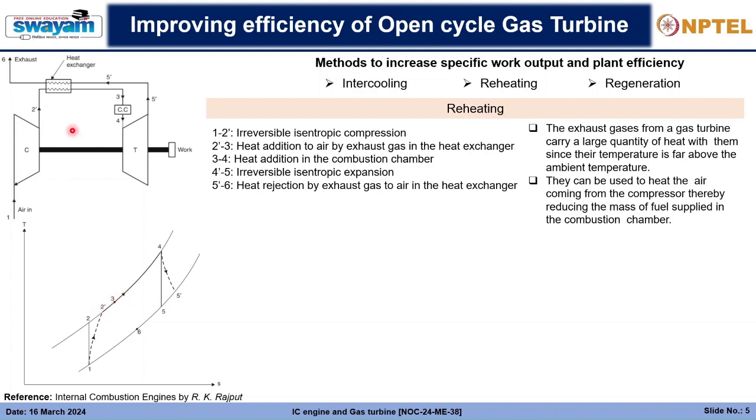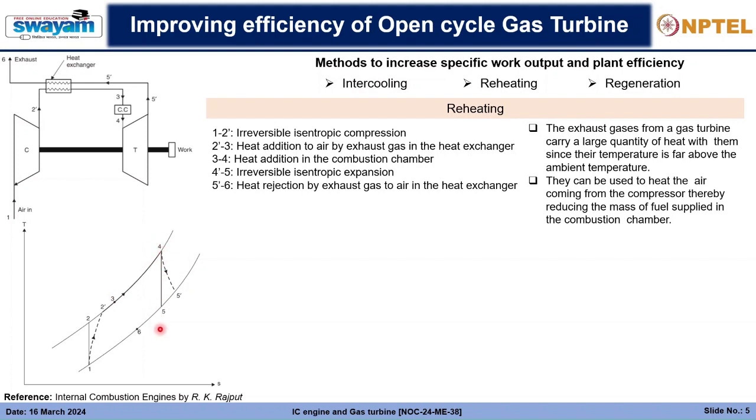This air now goes into the combustion chamber, mixes with the fuel, gets heated up, combusts, and the heat energy is released. While the heat energy is released, the enthalpy increases from 3 to 4. So we are not now supplying the heat energy from 2' to 4, rather we are supplying from 3 to 4. So there is a reduced heat energy required.